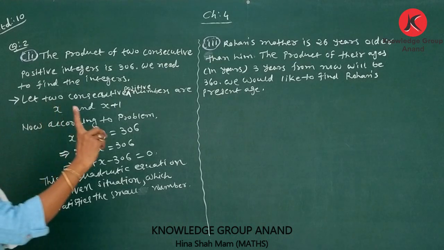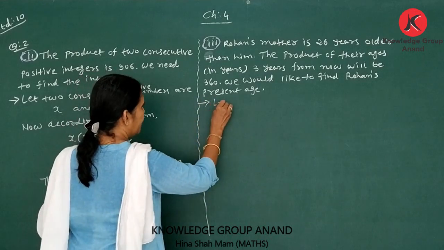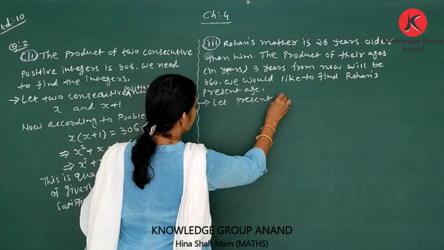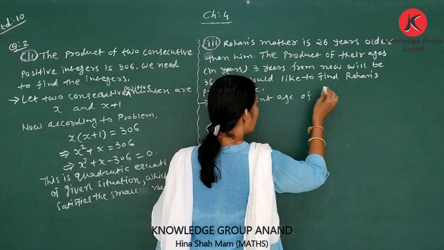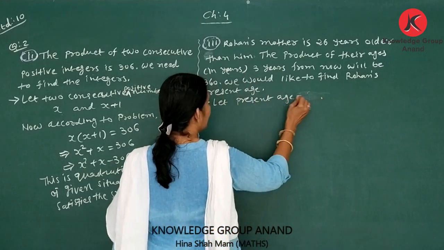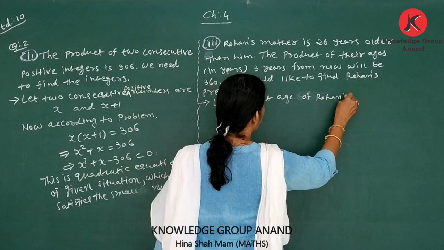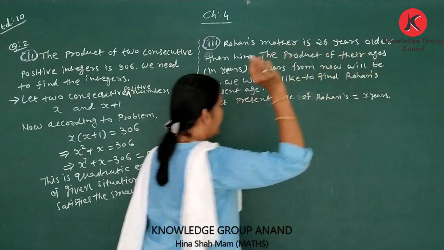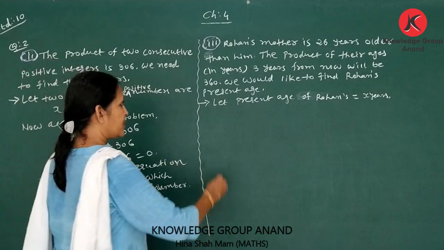Here first we find, let the present age of Rohan be x years. Rohan's present age is equal to x years.